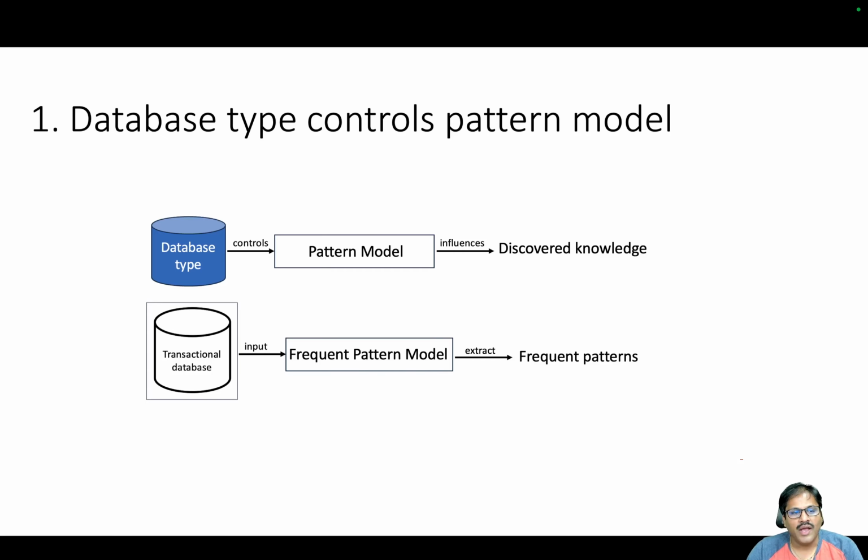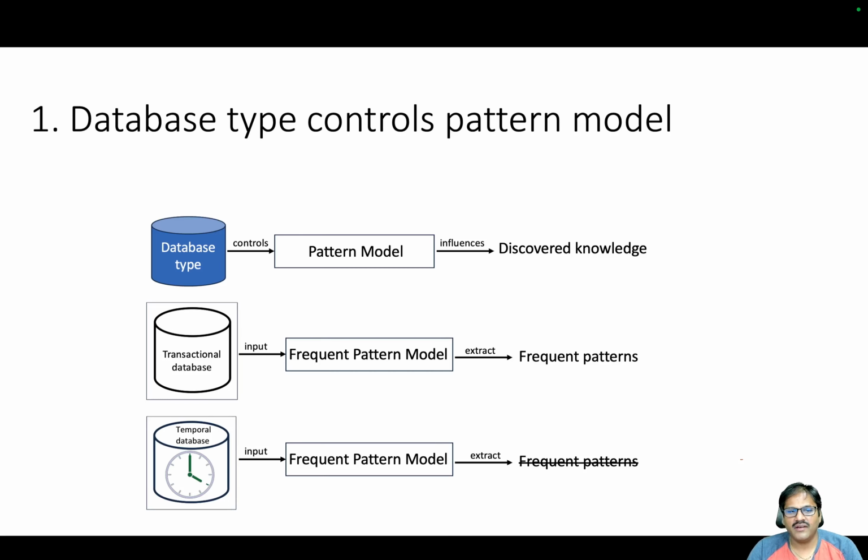Now, if I change the transactional database to a temporal database and input it to the frequent pattern model, then we will not get frequent patterns because the frequent pattern model does not recognize the timestamp information that is available in the temporal database.